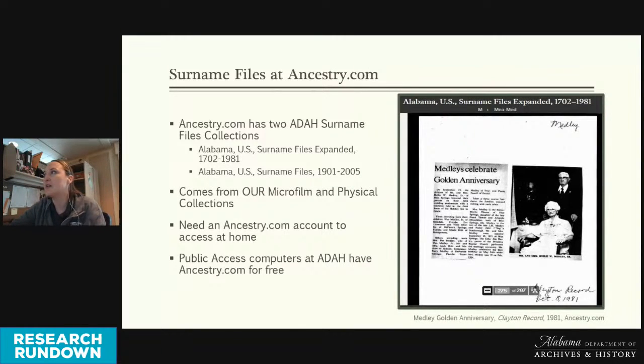This is from the Alabama U.S. Surname Files Expanded, 1702 to 1981, and this is really exactly what it looks like with our microfilm, but this is a screenshot of what it would look like on Ancestry. This is from the Clayton Record. It was published in 1981, and it is a golden anniversary for this couple, the Medleys.